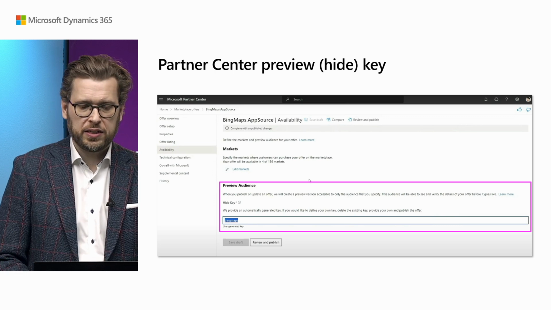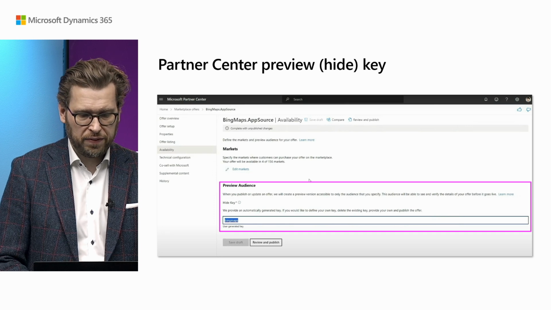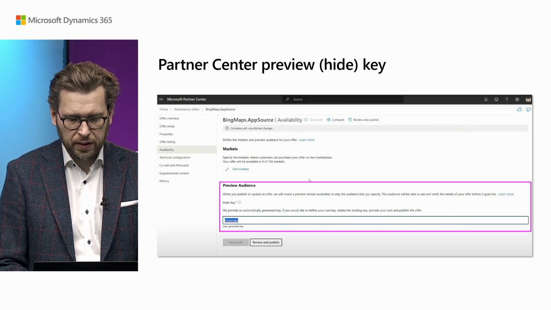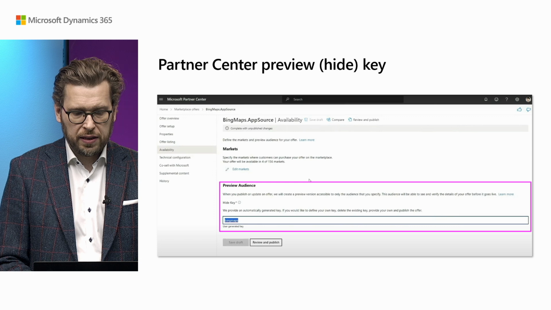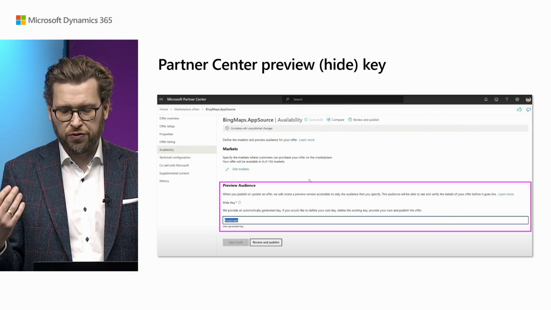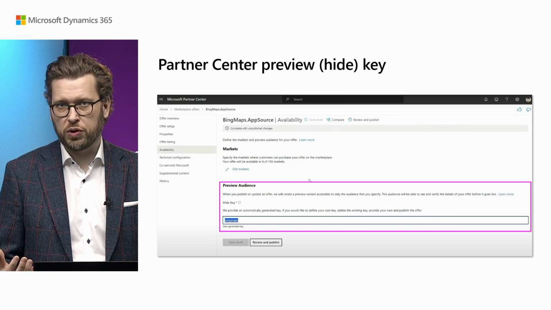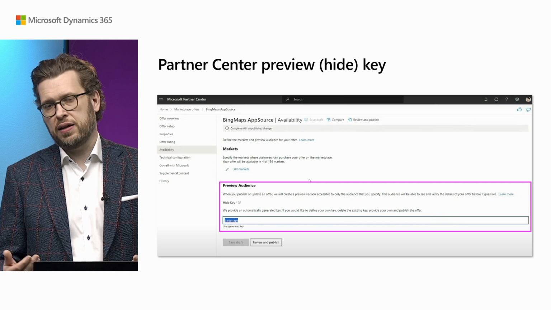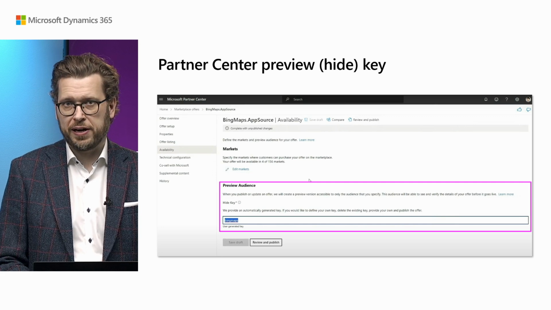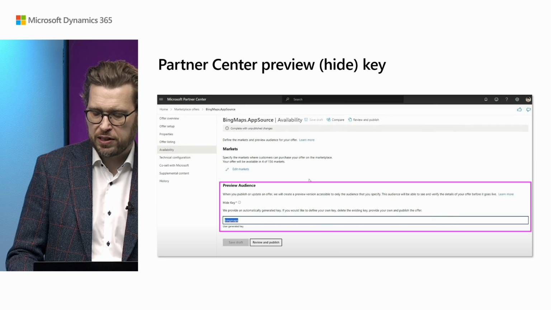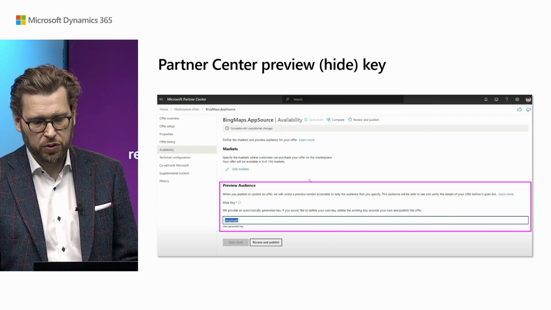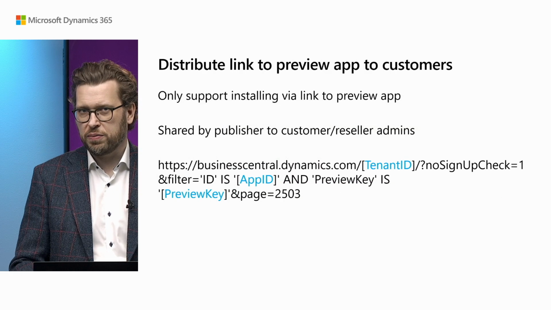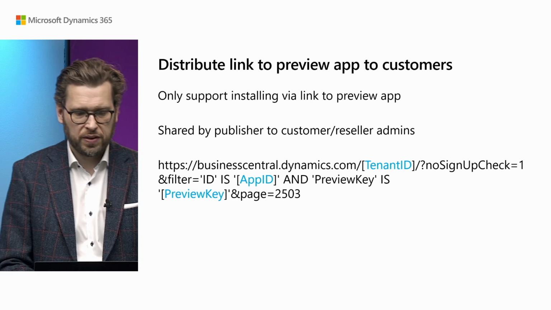Now in Partner Center on your app, in this case we have the Bing Apps sample, under the preview audience, you can define yourself a preview key. But if you don't do that, one will be generated by the system, right? So that's basically always going to be a preview key. But probably you want to have something that is humanly readable.